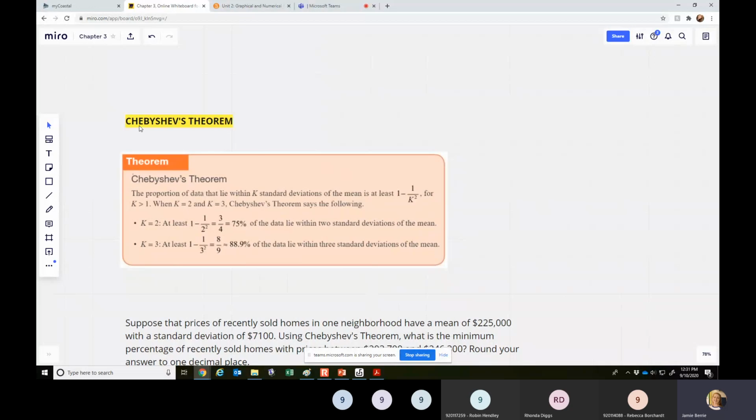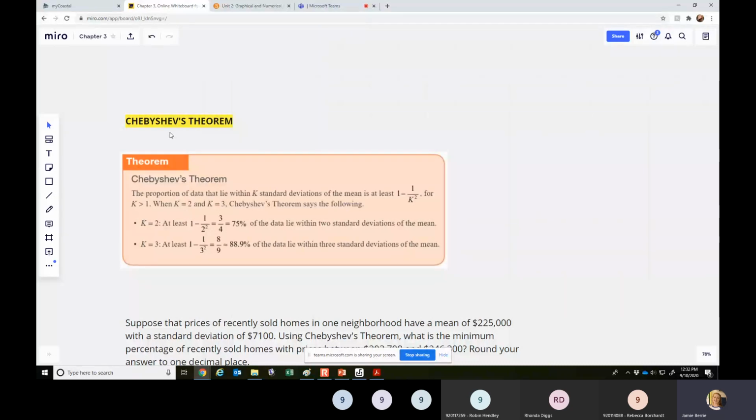It looks long, but it's pronounced just like it's spelled. Chebyshev's theorem looks complicated, but I'm going to show you this example, and you'll find it's really a plug and chug thing. You just take the formula, plug in the number, and it's going to spit out the answer for you.